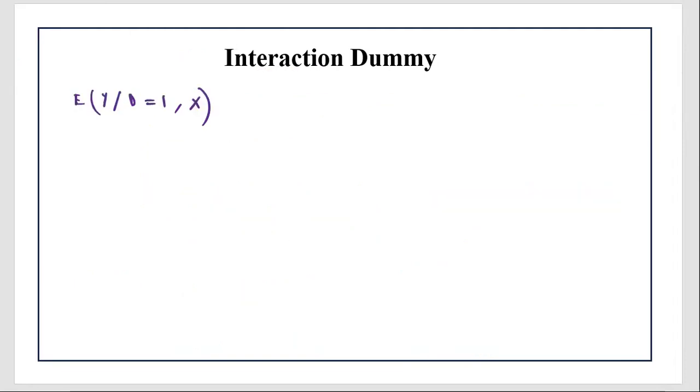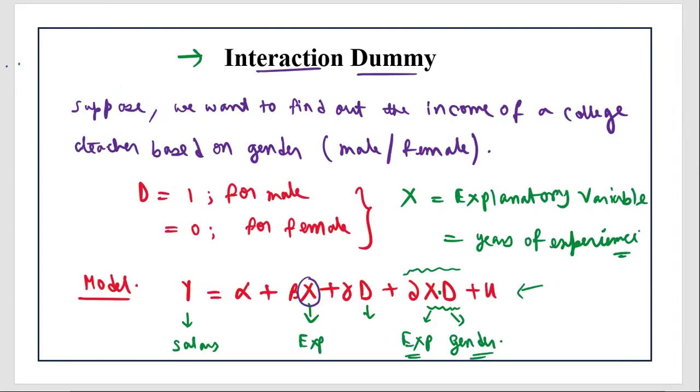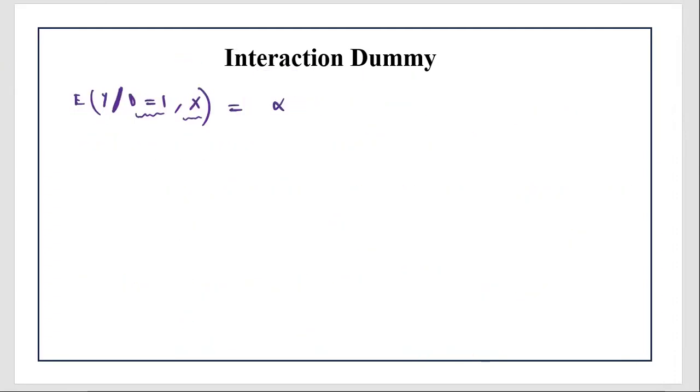So this sign means the conditional, right? So we are finding out the mean salary of the college teacher given that he is a male college teacher and given his years of experience, right? If you do that, what will be this value from this model? This will be simply alpha plus beta x plus gamma plus delta x. This will be the thing.